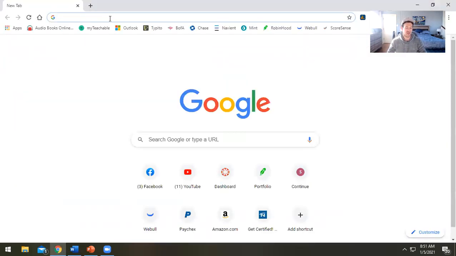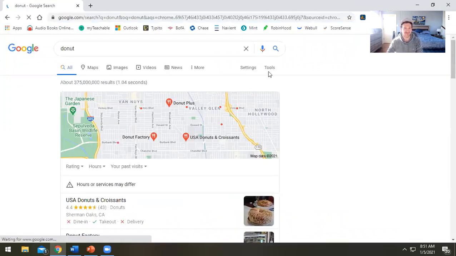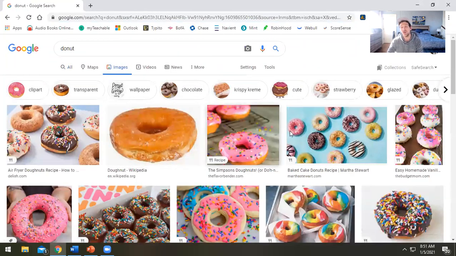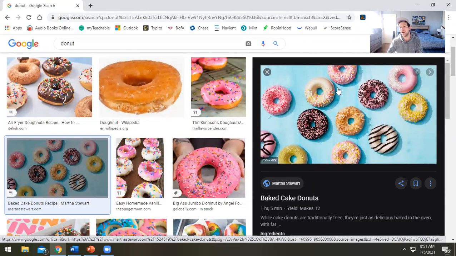So I'm going to pull up a picture of a donut here. When we look at a picture of our donut, there's the hole in the center, right? If I were to take a thumbtack and drop it into this little hole right here, that thumbtack is not inside the donut.